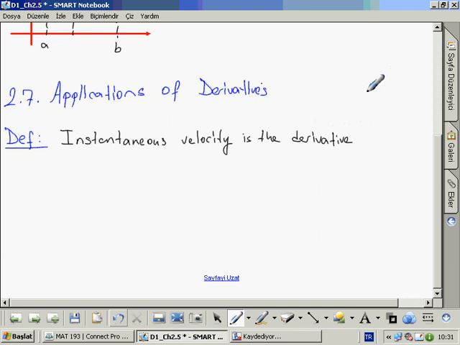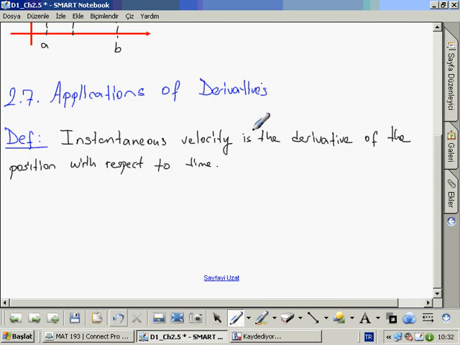Instantaneous velocity, that means the velocity can only be used, of the position with respect to time.